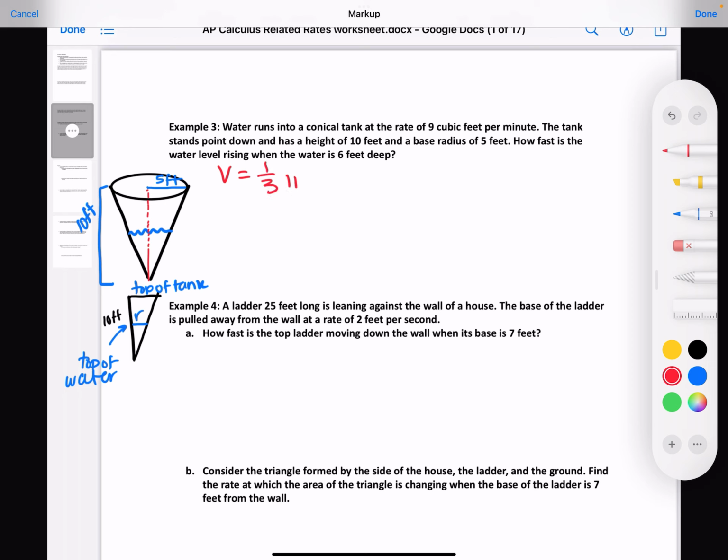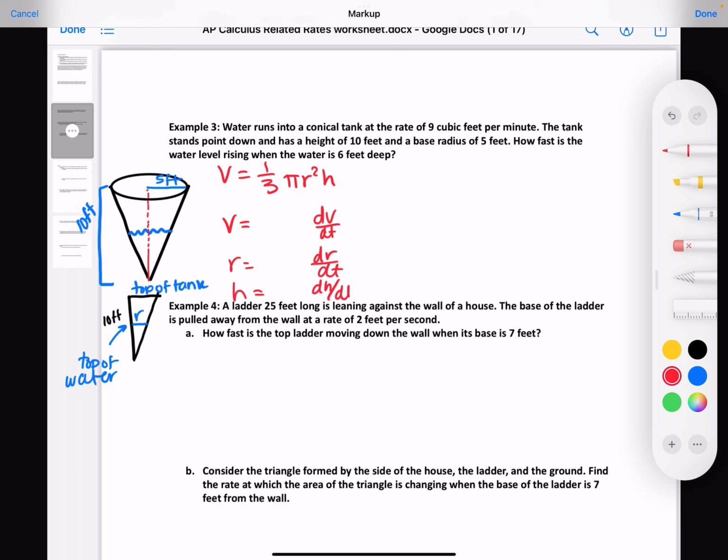One third pi r squared h is the formula we're going to use. So as far as variables, we'll have V, dV dt, R, dr dt, and H and dH dt.